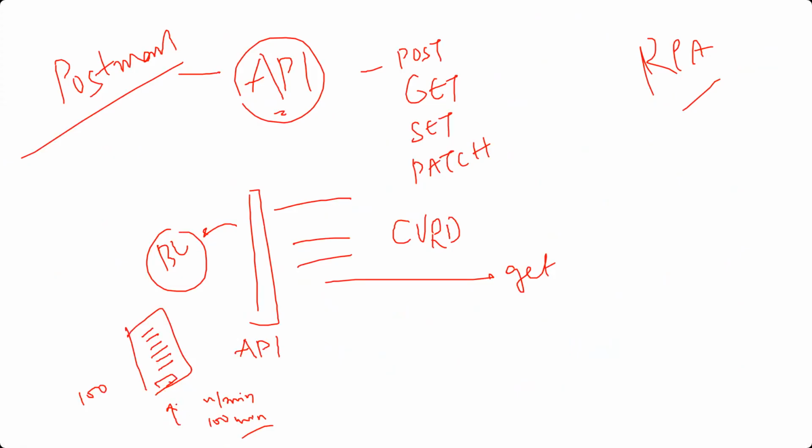Which is time intensive. So what people have done is create an application program interface where they expose the underlying logic of the form on a layer for you to consume through REST calls.